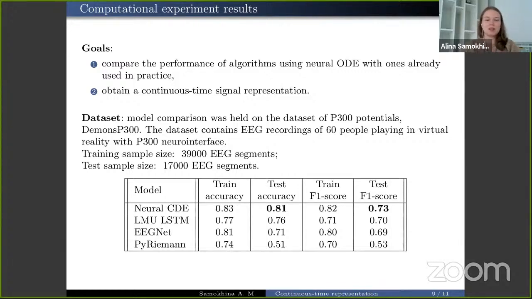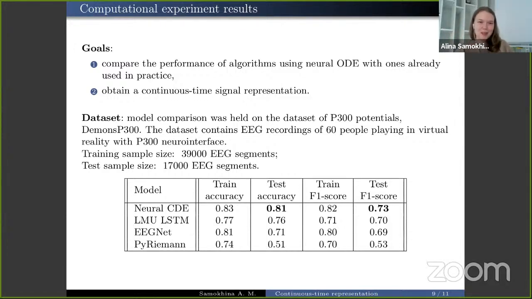This dataset contains EEG recordings for healthy people playing in virtual reality. How is this going? You have some visual stimuli, 3, 5, and these stimuli change their brightness, and while brightness changes, you have a P3 peak in your occipital lobe.